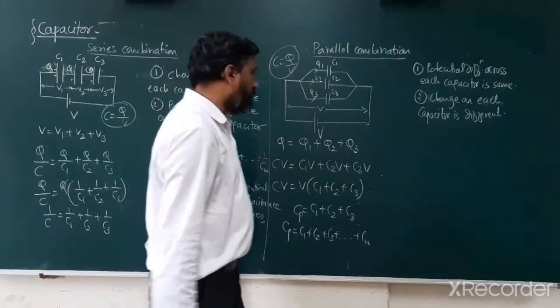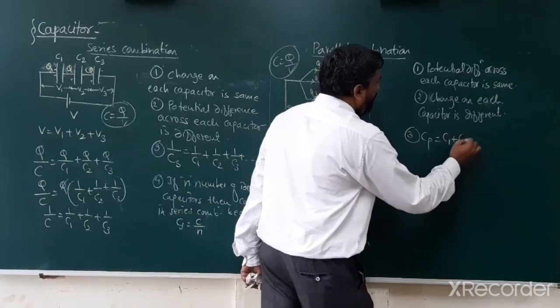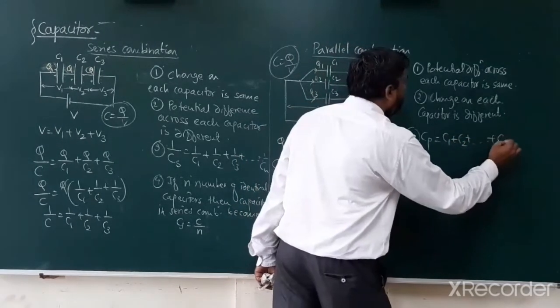Okay, so I am writing the formula. Cp equals C1 plus C2 up to Cn.